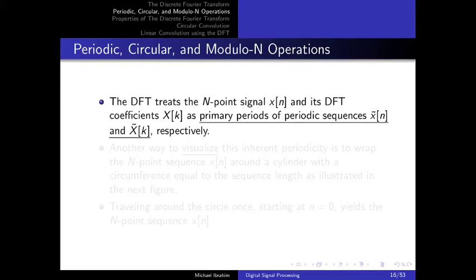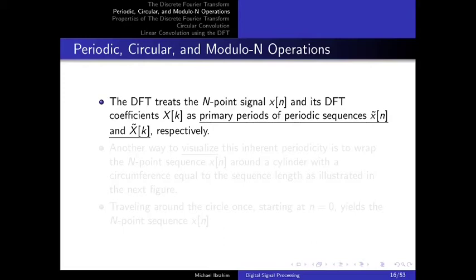So, in order to visualize this, we need some tools that help us to deal with this periodicity mathematically and visually. As a matter of fact, we have three ways to deal with this periodicity. The first one is called the periodic extension. That is, starting with x of n, which is only defined from 0 up to N minus 1, we create a sequence x tilde of n, which is a periodic extension of x of n.